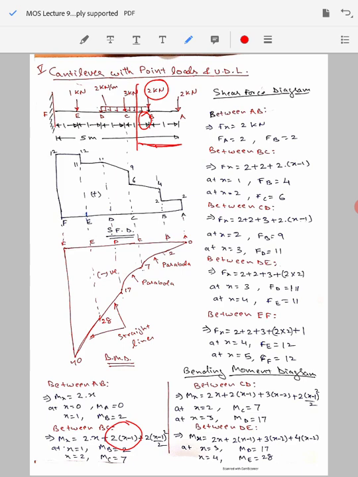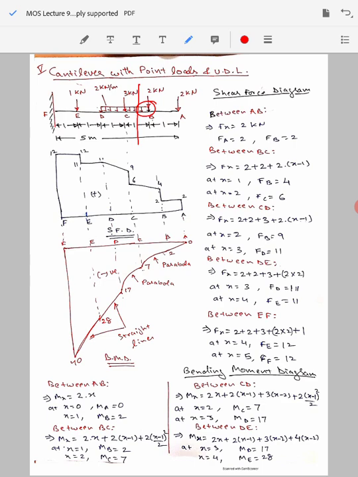Now apart from these, we also have the uniformly distributed load acting. You see this small portion here is a uniformly distributed load. As I told you in the previous lecture also, for a uniformly distributed load we can assume it as a kind of point load acting at the middle of the length for which it is acting.